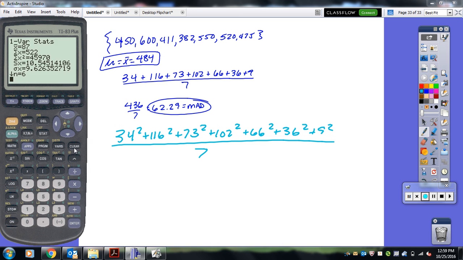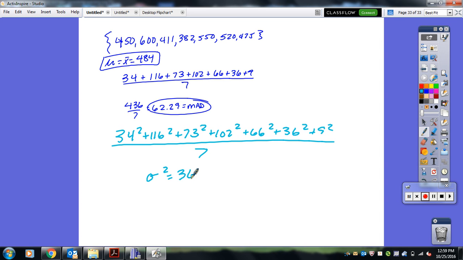In other words, in parentheses, because of the entire numerator, 34 to the second power plus 116 to the second power plus 73 to the second power, got to be careful, plus 102 to the second power plus 66 to the second power plus 36 to the second power plus 9 to the second power. Divide that entire thing by 7, and we get an answer of sigma squared is 366.792.